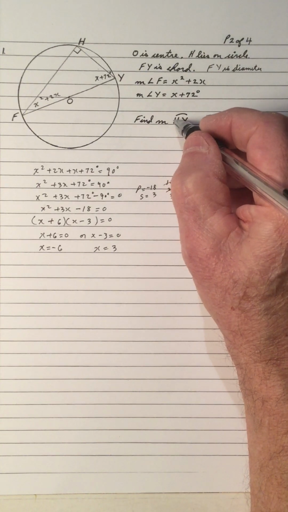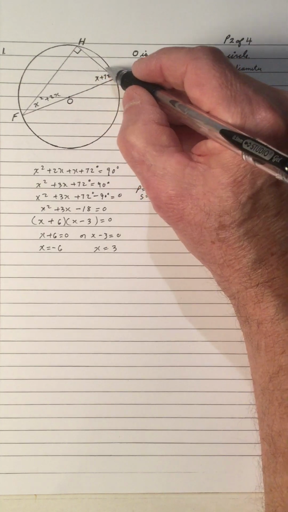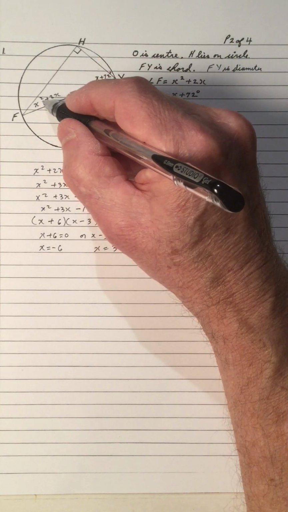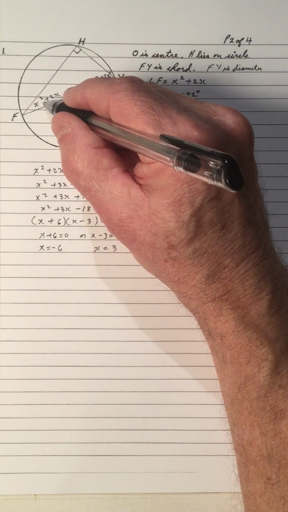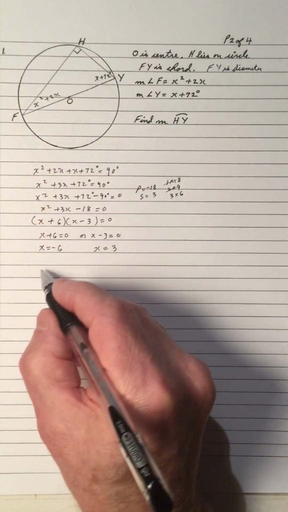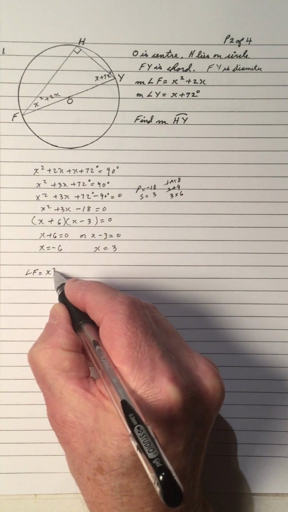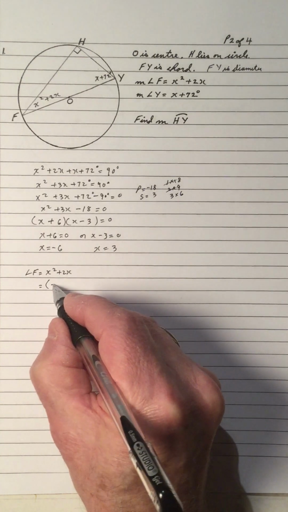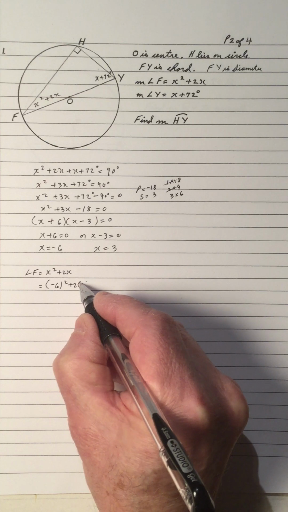Now to get the measure of this arc, this arc is being intercepted by this inscribed angle. So this inscribed angle is half the measure of this arc. If I find the measure of angle F, then I can double it to get the arc. So if x is negative 6, then angle F is equal to x squared plus 2x, which is negative 6 squared plus 2 times negative 6.